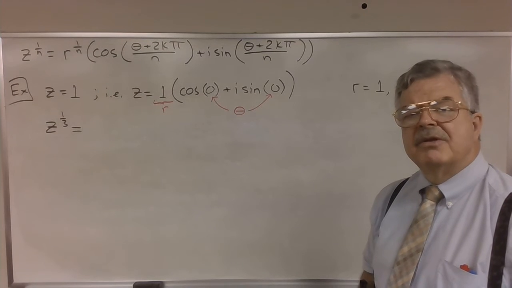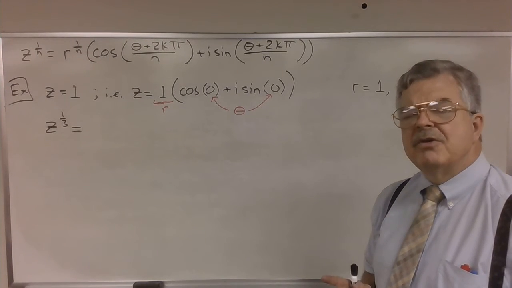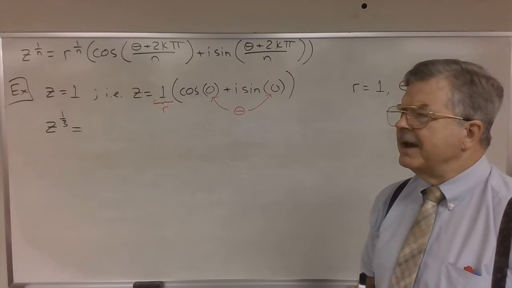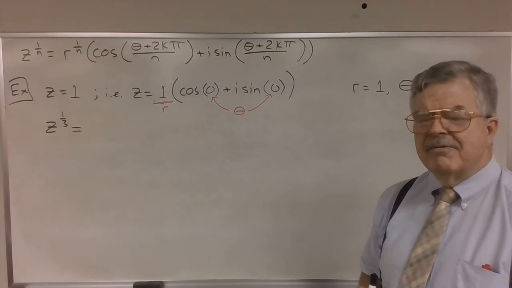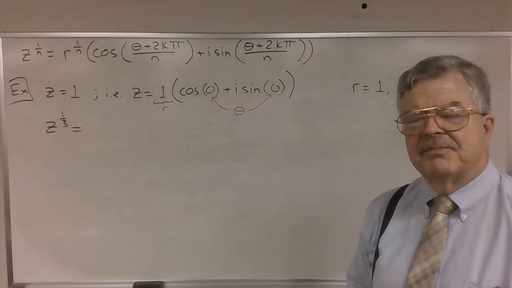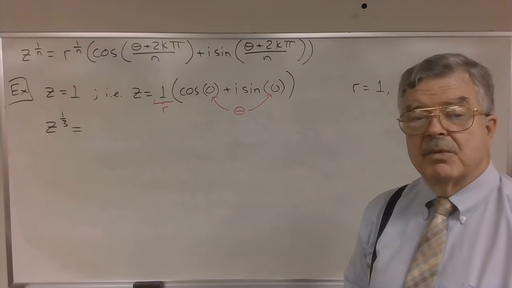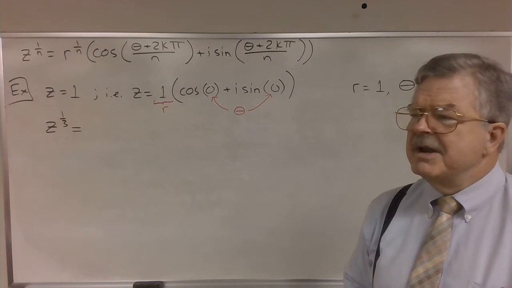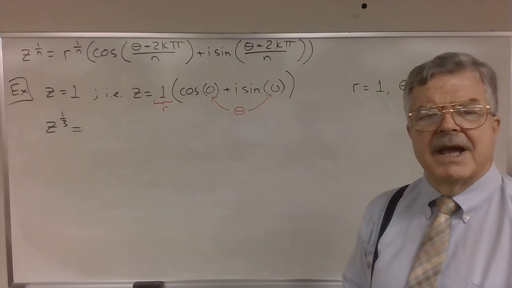Now that we're computing the cube roots of z equal 1, think about it. Whenever we solve for the cube root of a real number, whether it's positive or negative, how many results are we accustomed to getting?